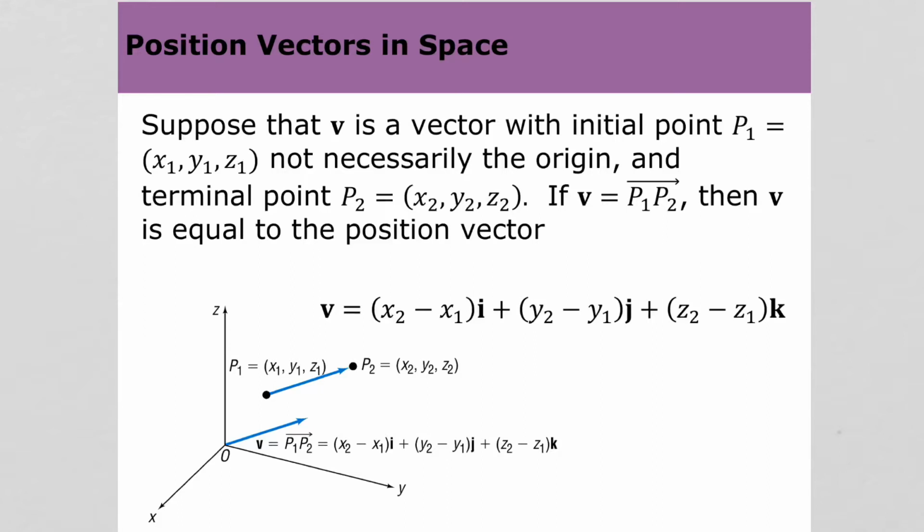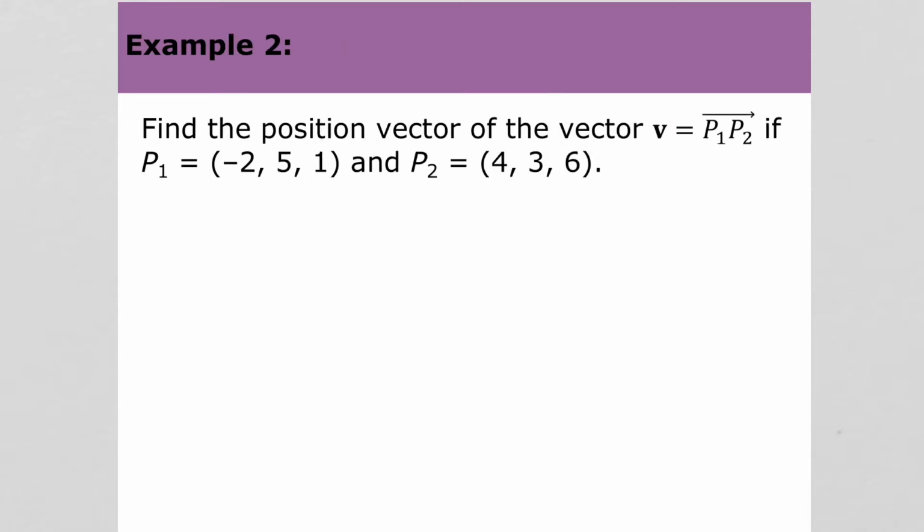You take the second point minus the first point, each term, x, y, and z, and that will give us our position vector. So example 2 says find the position vector of the vector p sub 1, p sub 2.